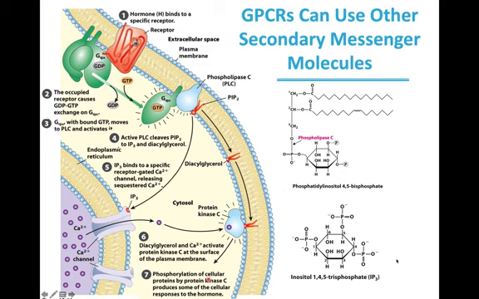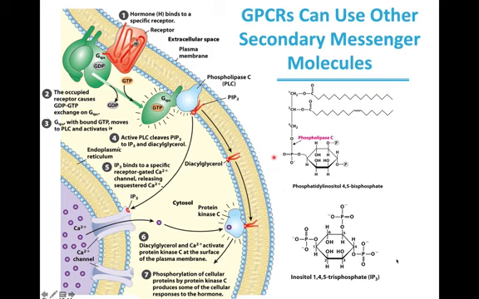This leads to phosphorylation of cellular proteins by this particular enzyme, protein kinase C, and this initiates cellular response to the hormone that originally bound to the G protein coupled receptor. So this is a pathway very similar to the beta adrenergic pathway.